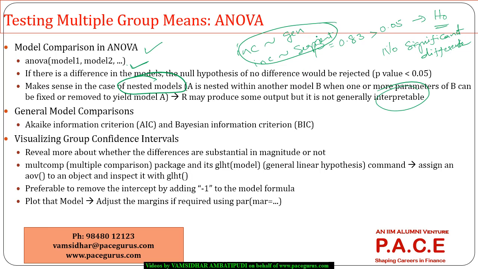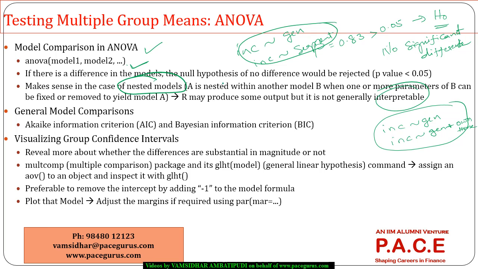So if I have one model as income versus gender, and another model as income versus gender plus or star own home, then I can very well call them nested models, because by removing one or two variables from one model, the other model can be derived.